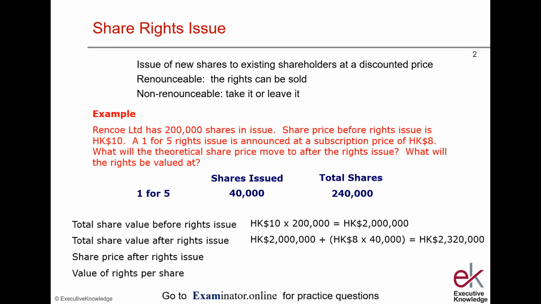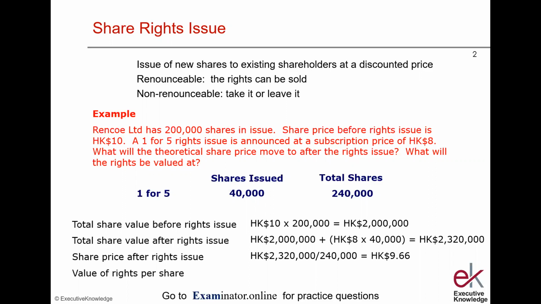So what is the share price after the rights issue? We take the total share value after the rights issue, 2.32 million, and divide by the total number of shares in issue after the rights issue, 240,000, giving a share price after the rights issue, a theoretical share price of $9.66. Then we're asked for the value of the rights per share.